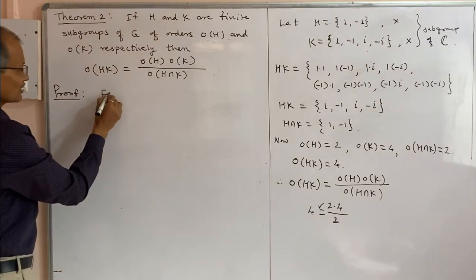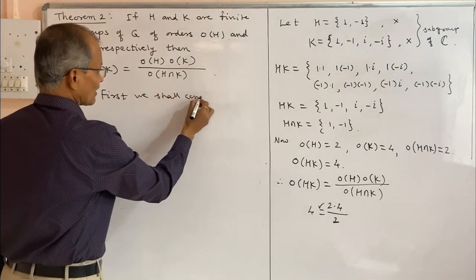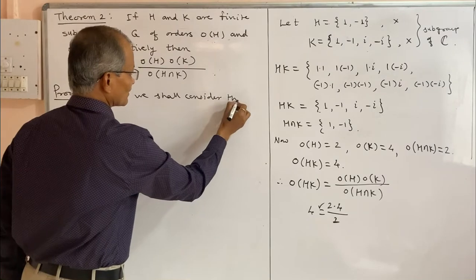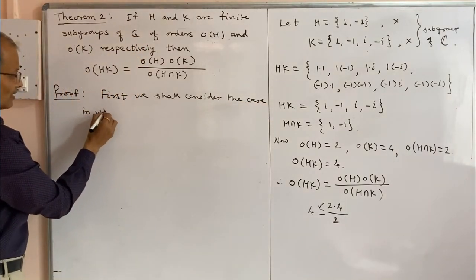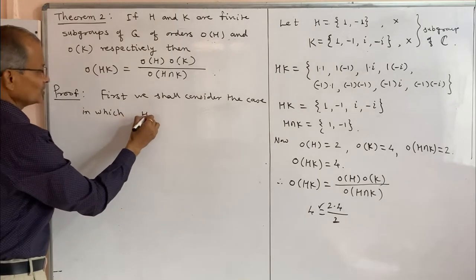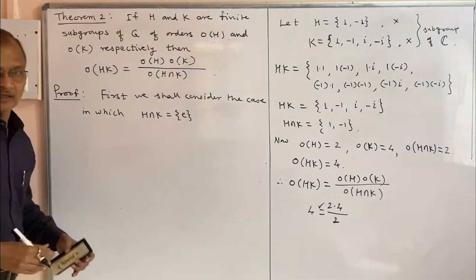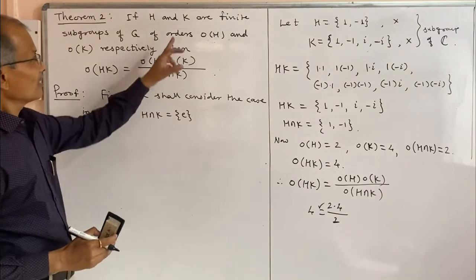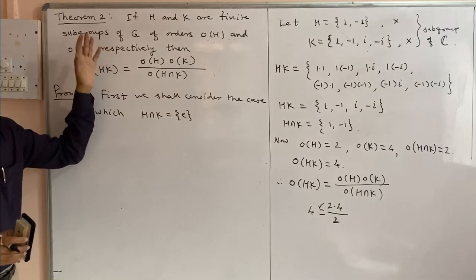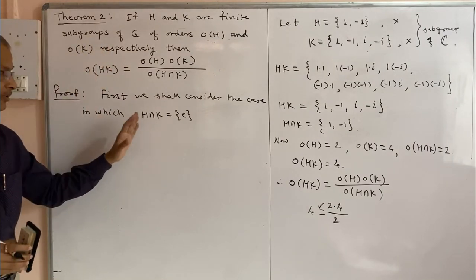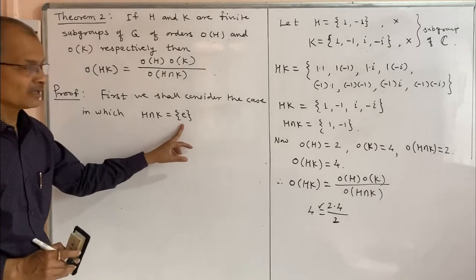First we shall consider the case in which this H intersection K is {e}, trivial. H is a subgroup, K is a subgroup. A subgroup always contains the identity, and therefore their intersection will not be empty. It must contain the identity element.